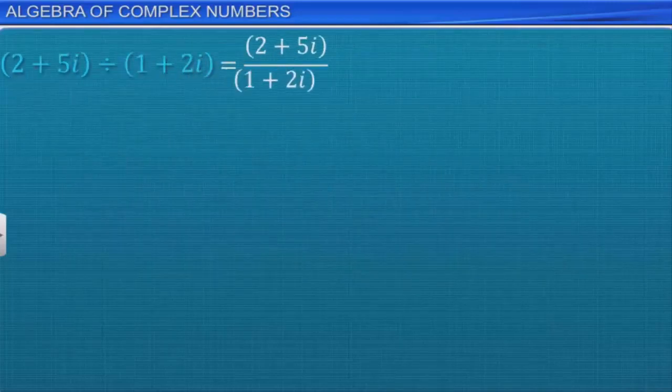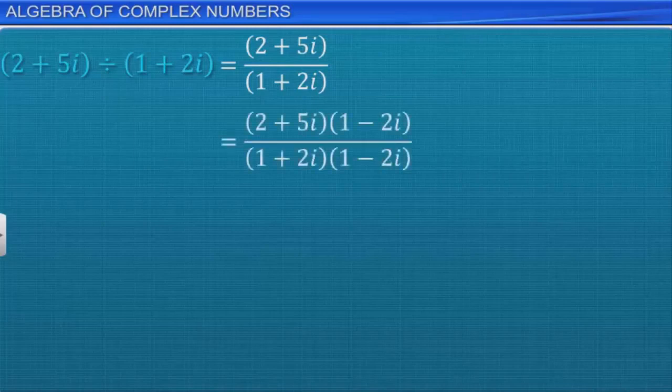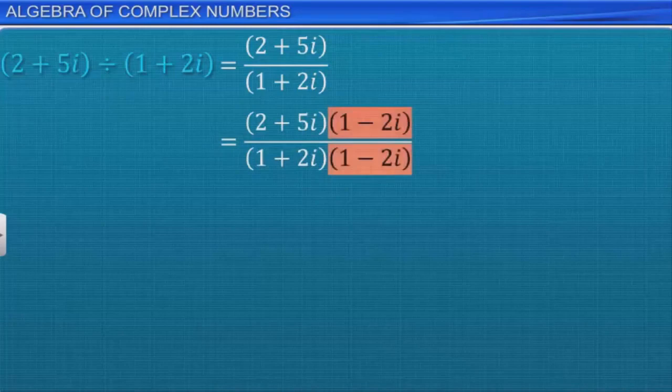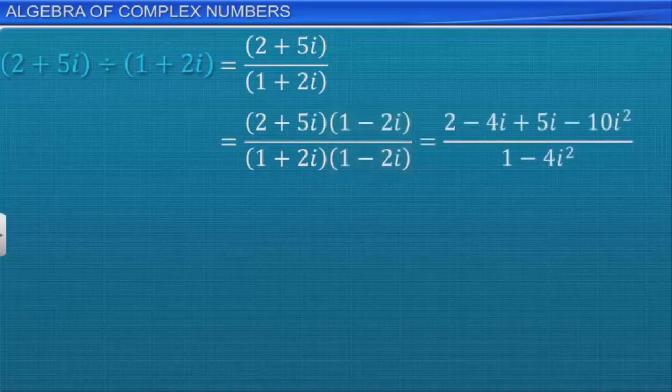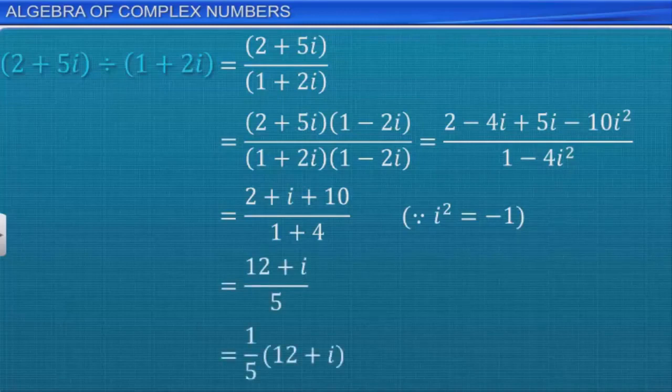The multiplicative inverse of 1 plus 2i is 1 divided by 1 plus 2i. Now, we'll multiply the numerator and the denominator by 1 minus 2i. We know that i squared is equal to minus 1. On simplifying, the quotient is equal to 1 divided by 5 multiplied by 12 plus i.